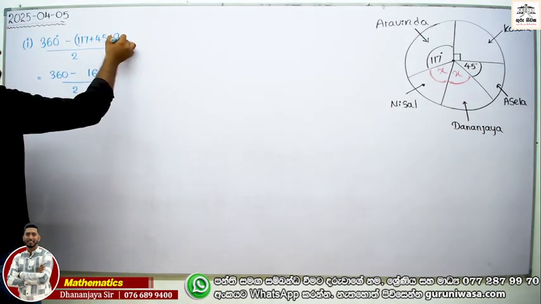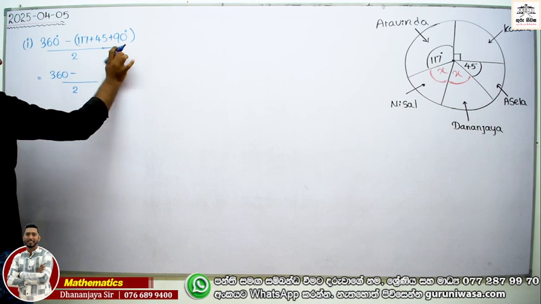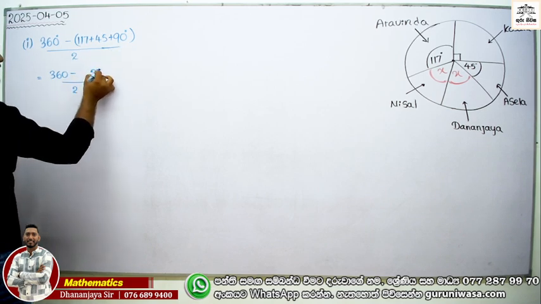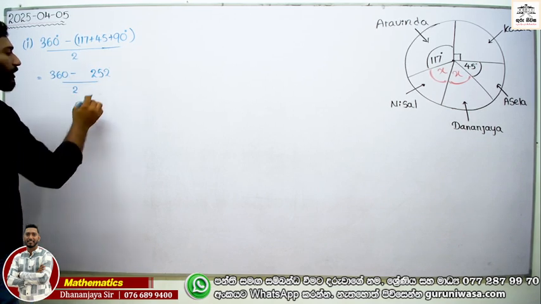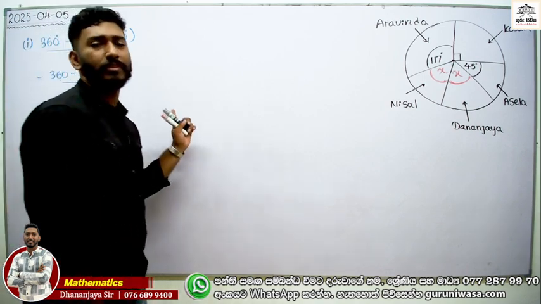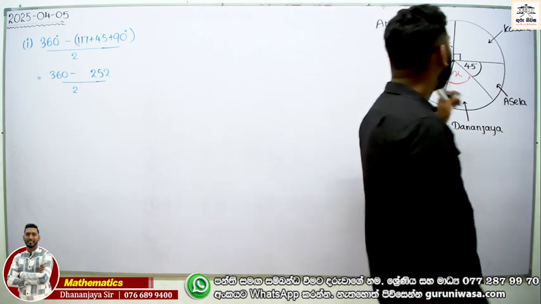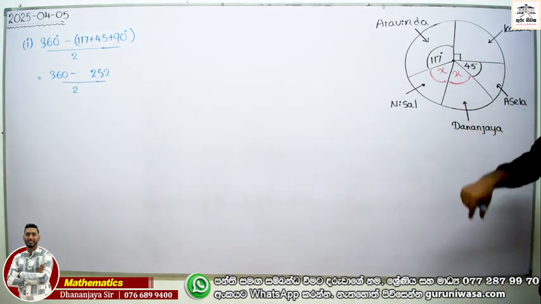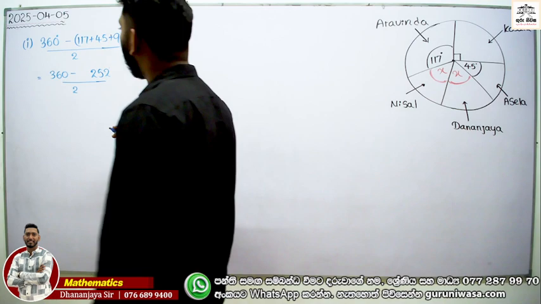There are 3 angles now. You have to add all and divide by 2. Now the answer becomes 252, the sum of these angles. You have to add these 3 angles and subtract from 360, then divide by 2.